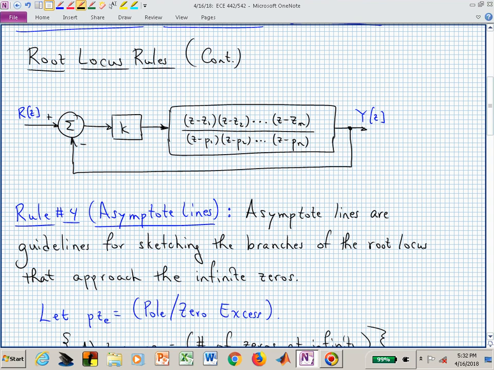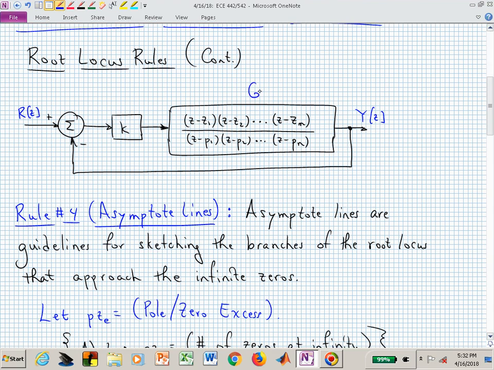Here is our generic block diagram, and in this block diagram, we've pulled all of the different pieces of our system and controller except for the adjustable gain parameter K. All of those controller and plant pieces, those factors, are now in factored form, and we could actually have a gain in there, but I haven't shown it.